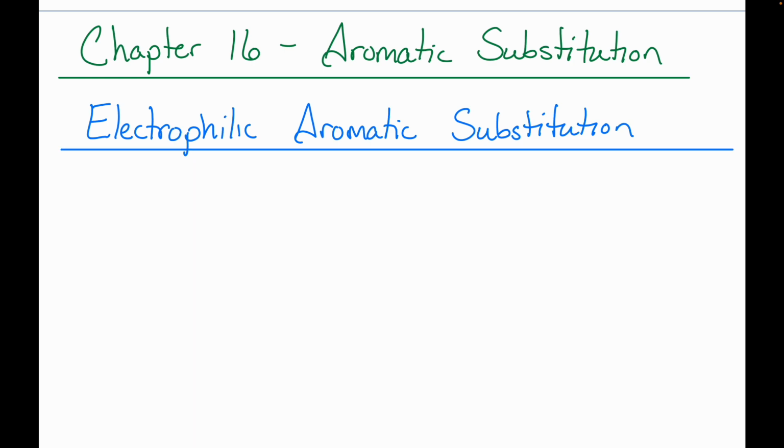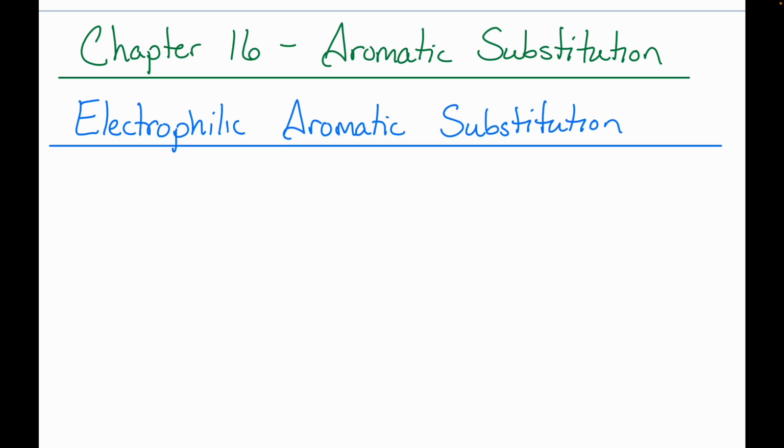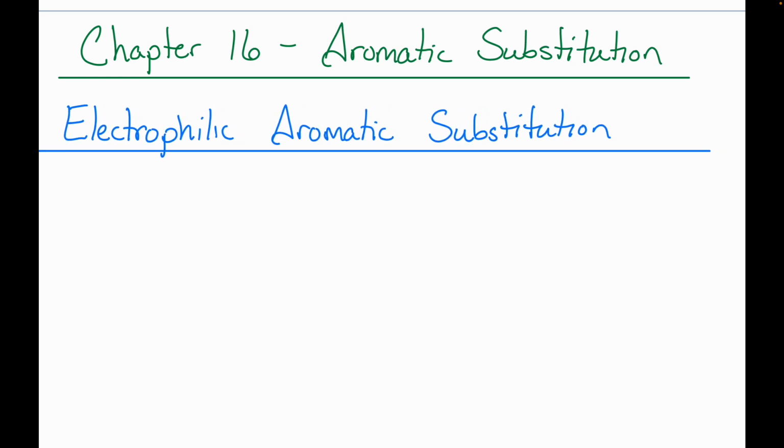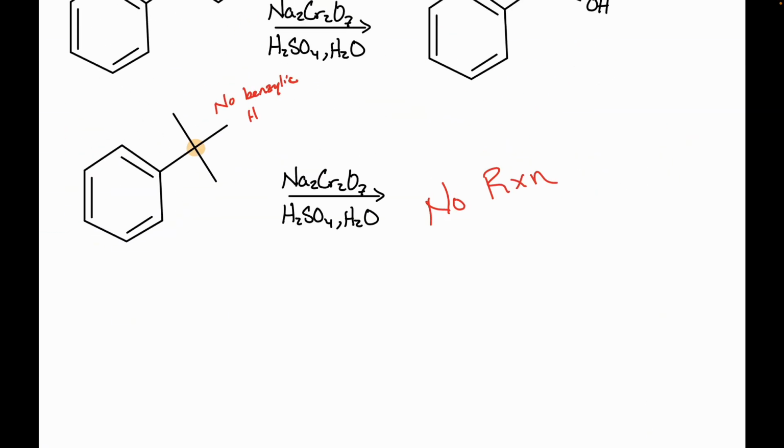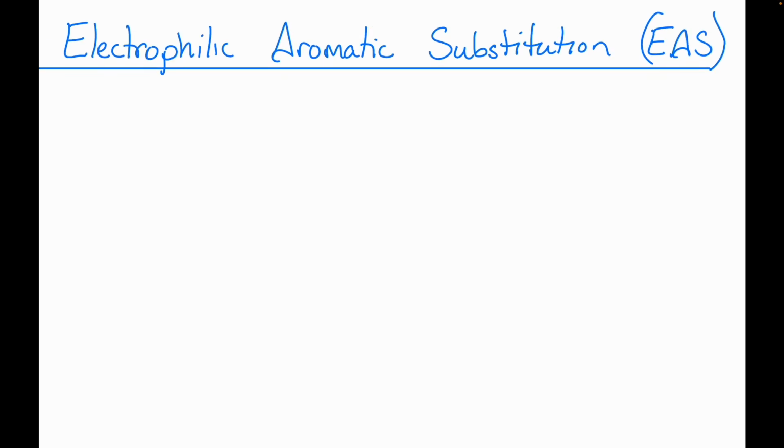Electrophilic aromatic substitution. We like to get lazy in science, and so you will often hear this referred to as EAS reactions as well. So this is when we're going to take benzene or some benzene derivative, and we're going to react it with an electrophile.